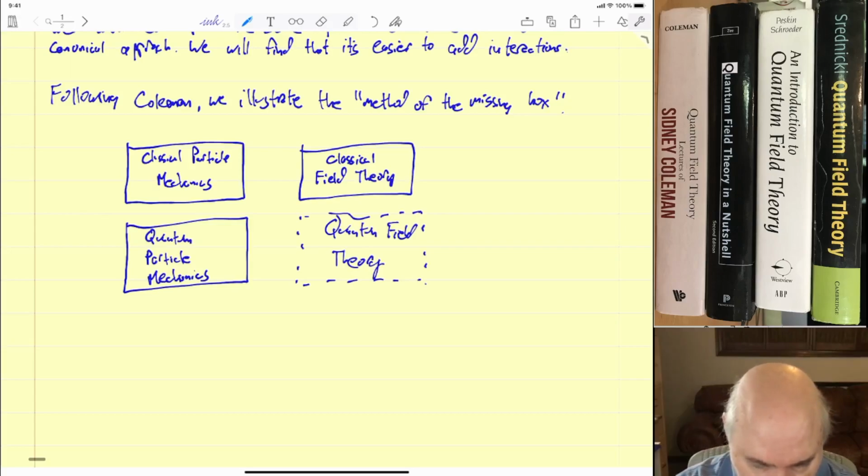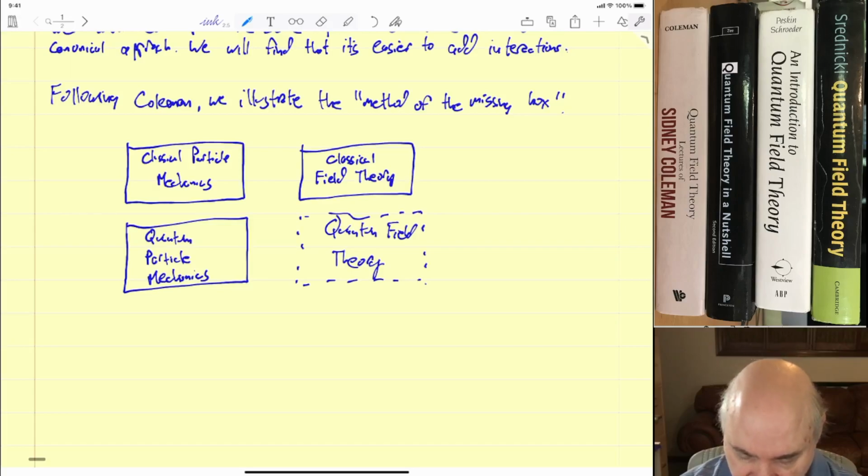So the idea is we're familiar with classical particle mechanics, and one of the reasons why I call this a review tutorial is that I'll review it very quickly, but we're assuming you're familiar with this. And the same thing, we assume you're familiar with quantum mechanics. And classical field theory you're probably also familiar with. I'm sure you've all studied Maxwell's equations and everything. But you might be a little bit less familiar with classical field theory.